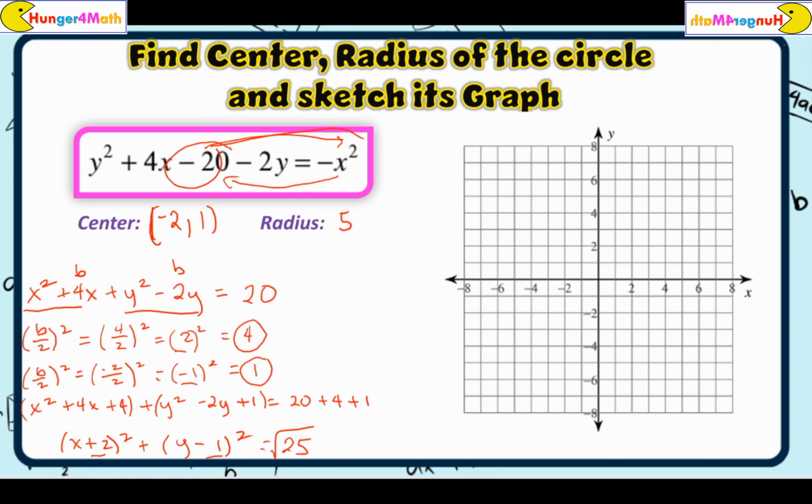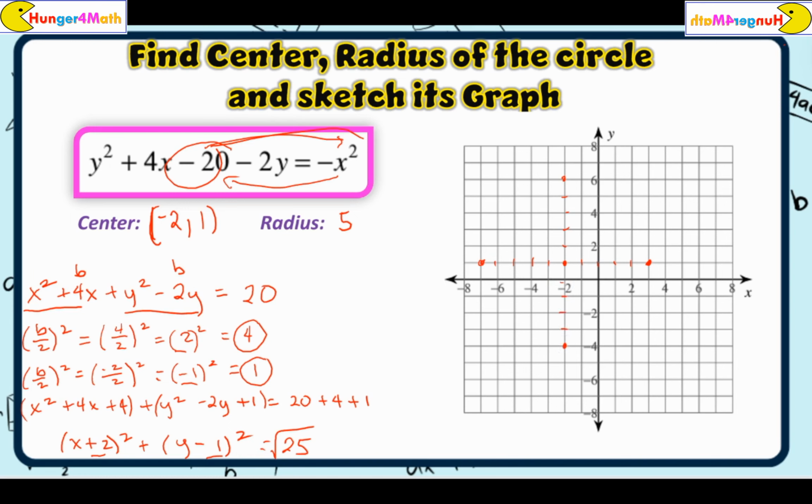Now, since the center and radius are given, we can sketch it, starting with the center, (-2, 1), which is right over here. And then the radius is 5, so 5 units away from the center. So 1, 2, 3, 4, 5, in each direction.